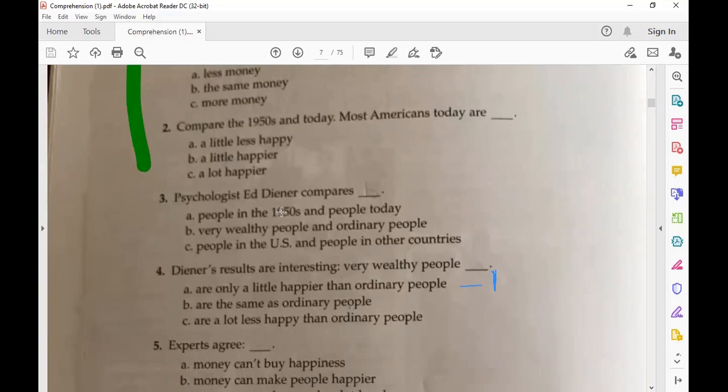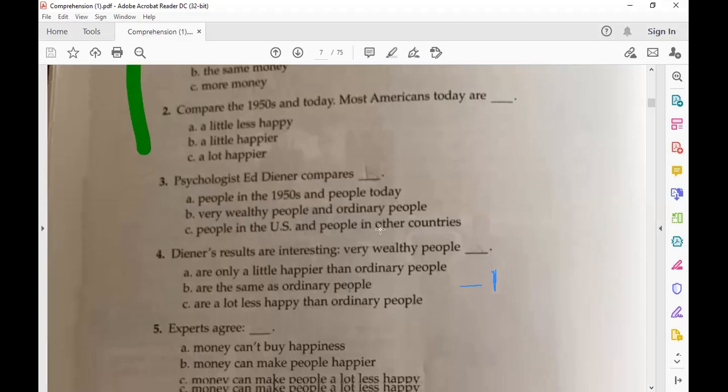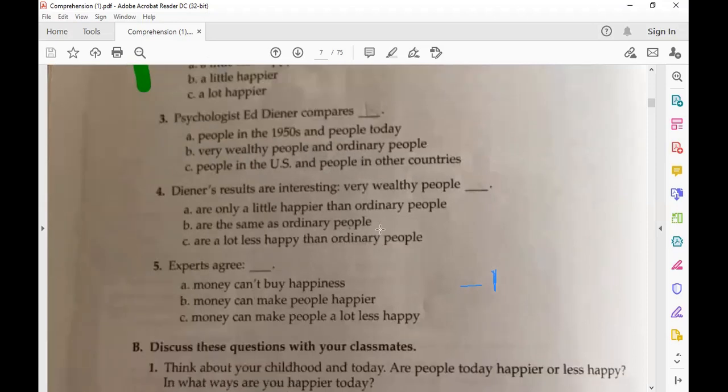Comparing happy people between 1950 and people today. Yes, you can know. So it's A. So he is not comparing people in the US with other countries, or very wealthy people with ordinary people. No, he is comparing people from the 1950s with today. You can tell from the chart.